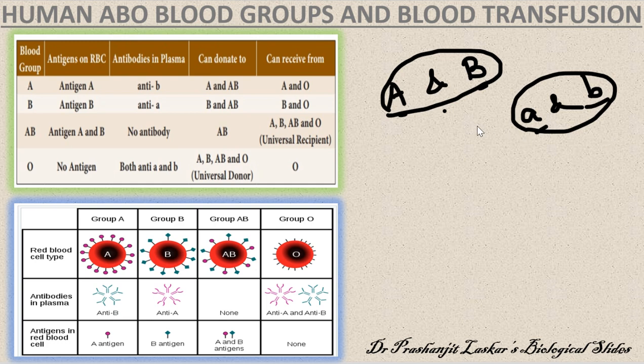Now, based on the presence or absence of these antigens, human blood falls into four groups.